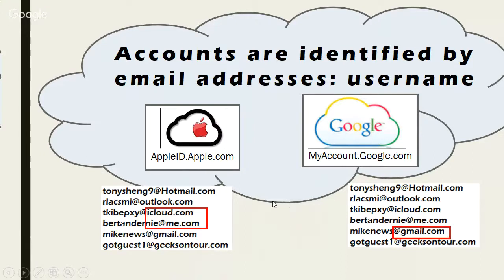In my opinion, the Apple ID should be with an Apple service. iCloud.com or me.com is an Apple service, and that's what I think an Apple ID should use. And a Google account should be a gmail.com, but it doesn't have to be. It can be any of these. The thing to know is that a username is an email address.